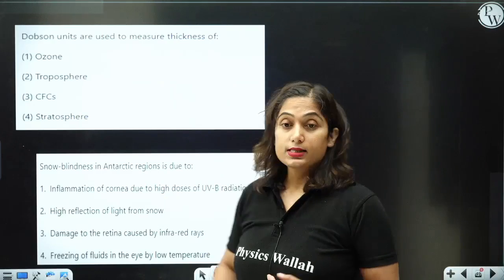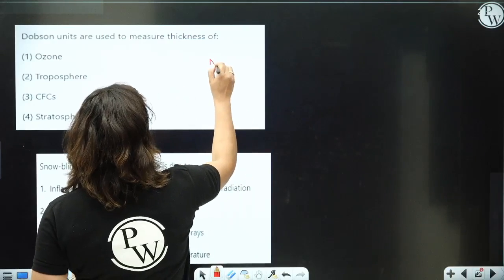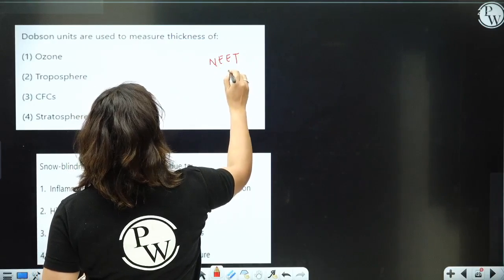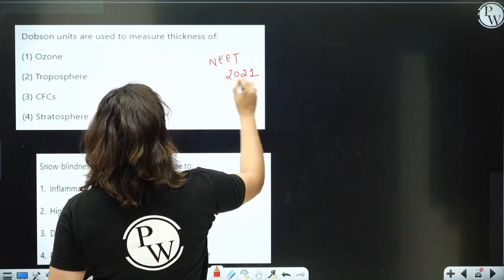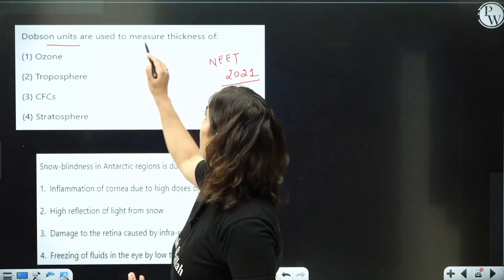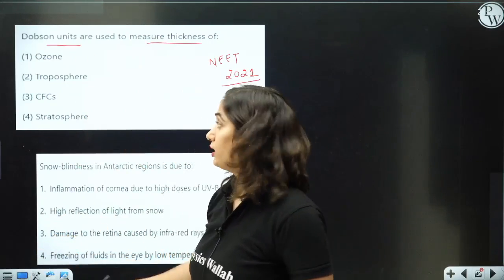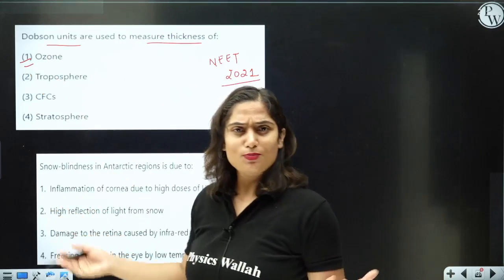Now let's discuss some of the important questions which had come in the NEET. This is a question of NEET 2021, so you will have an idea what kind of questions come from this chapter. The question simply asks, Dobson unit is used to measure thickness of what? Ozone. Simple question.